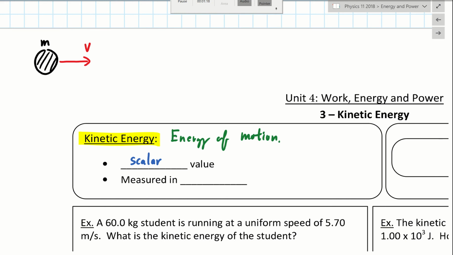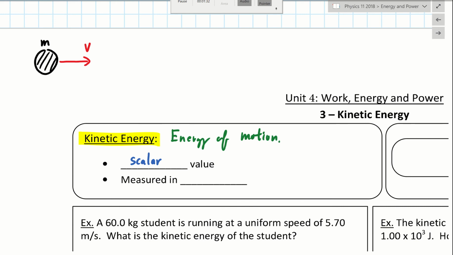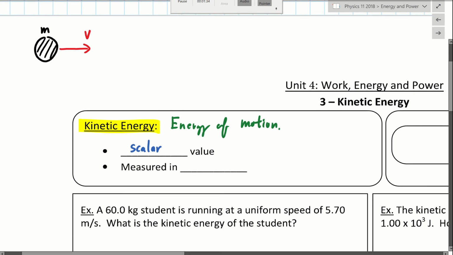So work could be positive or negative, right? It's like your bank account, which can have money deposited or money withdrawn. But kinetic energy is more like how much money is in your pocket right now. Or when you ask someone how much an item costs, their answer could be $30, but you can never say negative $30, right?